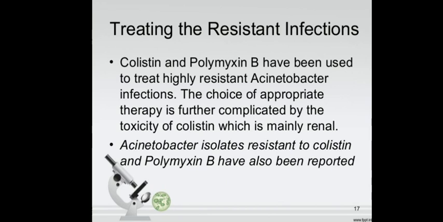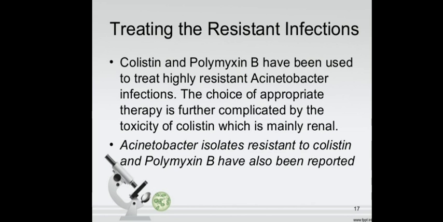And nowadays, a few species of Acinetobacter have also been isolated which have even developed resistance to these antibiotics, colistin and polymyxin B.